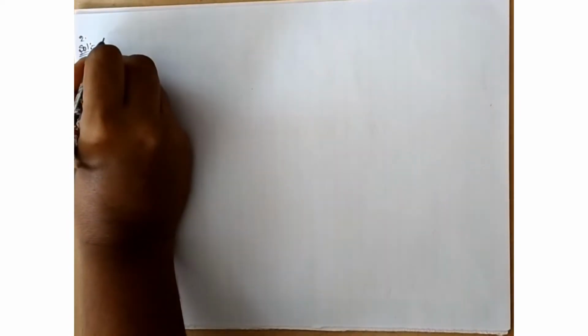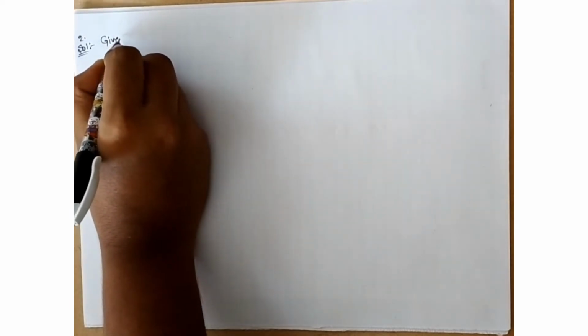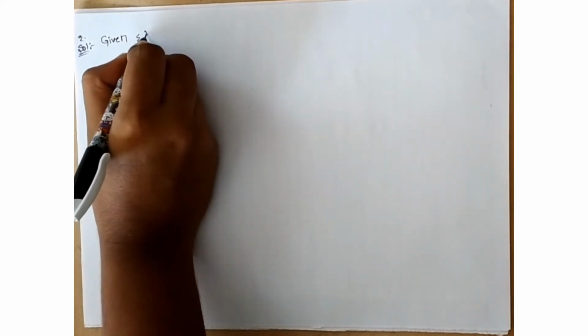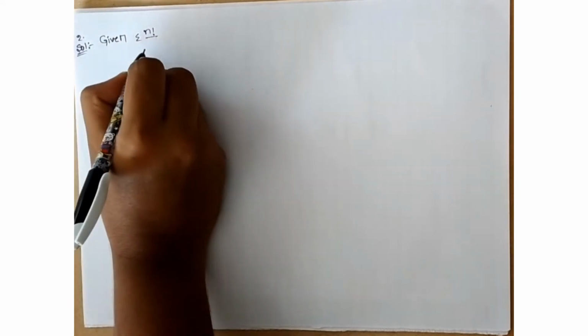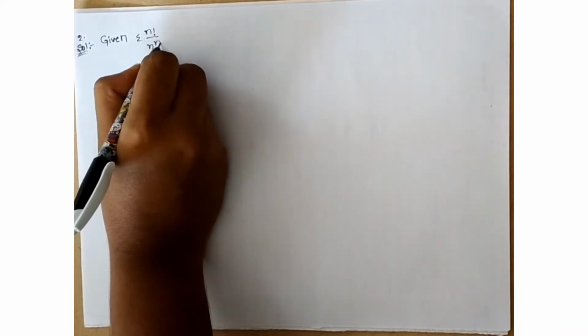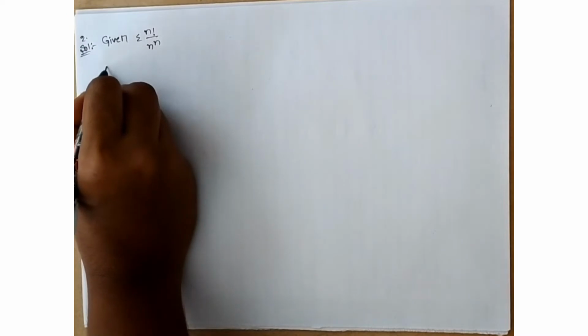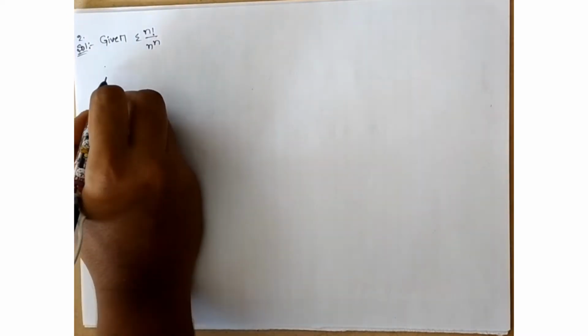The second sum is given: summation n factorial by n power n. This was in the form of ratio test, by knowing that in the sum there are terms with n.